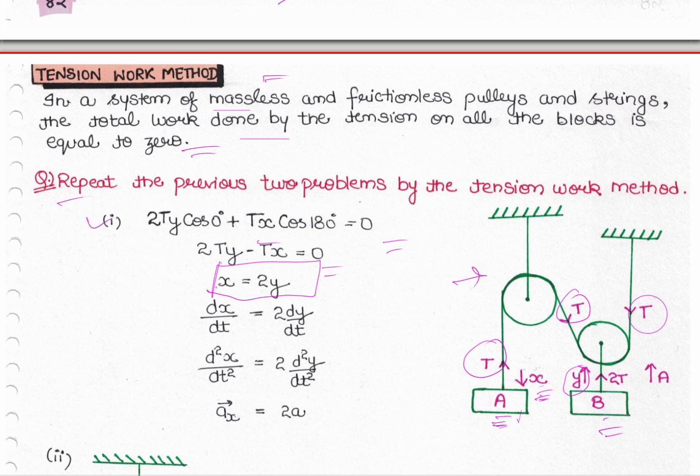If we differentiate this with time, we can find the velocity, and if we take another differentiation of this, we get the acceleration. Okay, so dx/dt is equal to 2 dy/dt, or d2x/dt square is equal to 2 d2y/dt square, which gives ax is equal to 2ay.